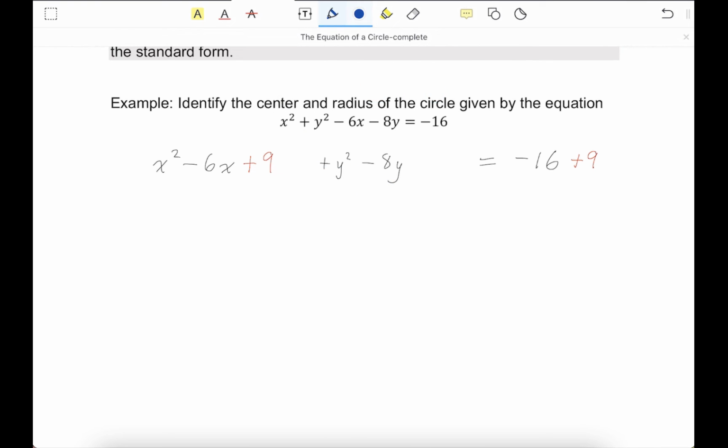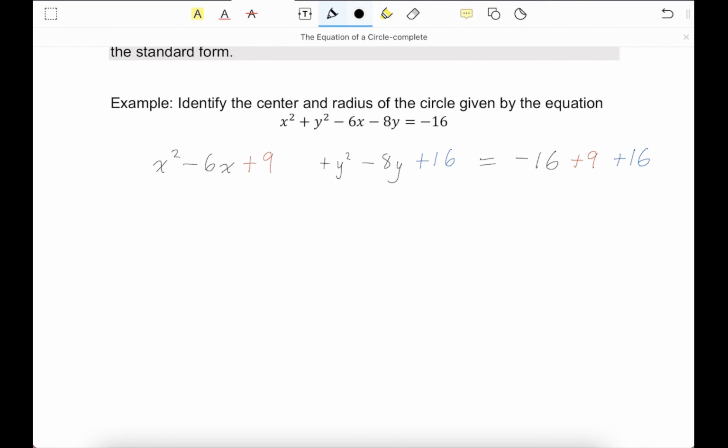For this one here, half of 8 is 4. 4 squared is 16, so I'll add 16. And I'll also do that on the other side of the equation, adding 16.